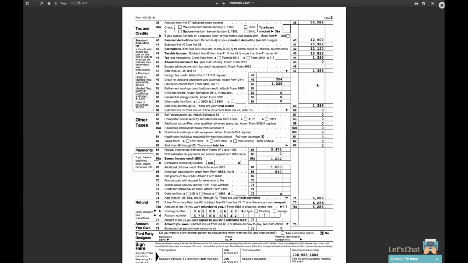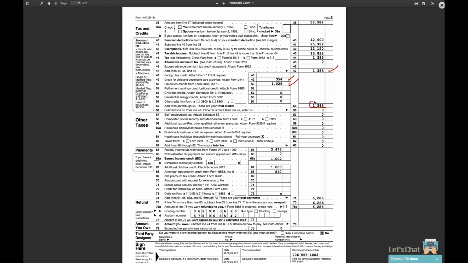Then, so the IRS says you have $1,383 in taxes, but you also have an education credit of 1029, and then you have a child tax credit of 354.